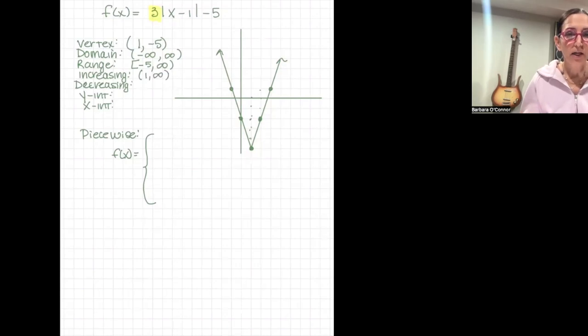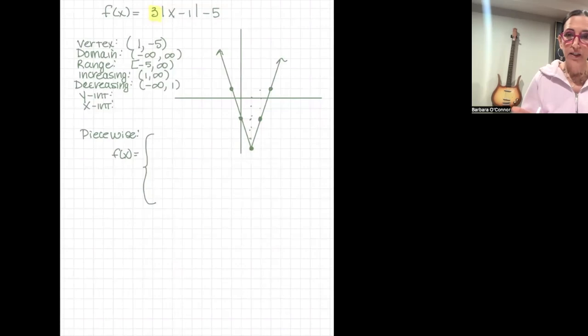Now, when we talk about increasing and decreasing, what we're asking is, for what values of x are the y values increasing or decreasing? So we have a negatively sloped portion where it's decreasing everywhere from -infinity to 1.